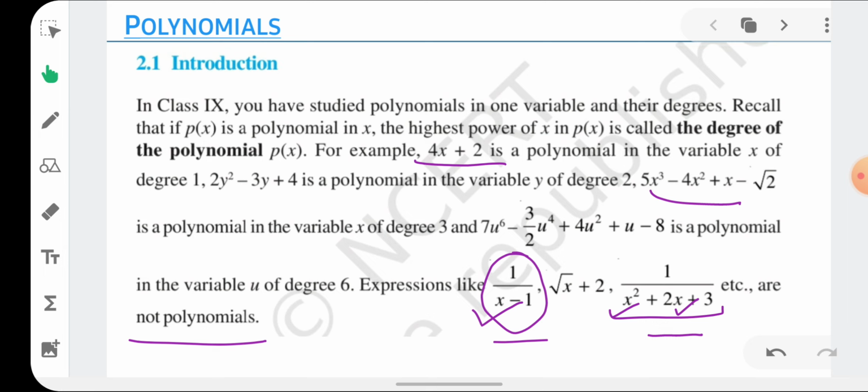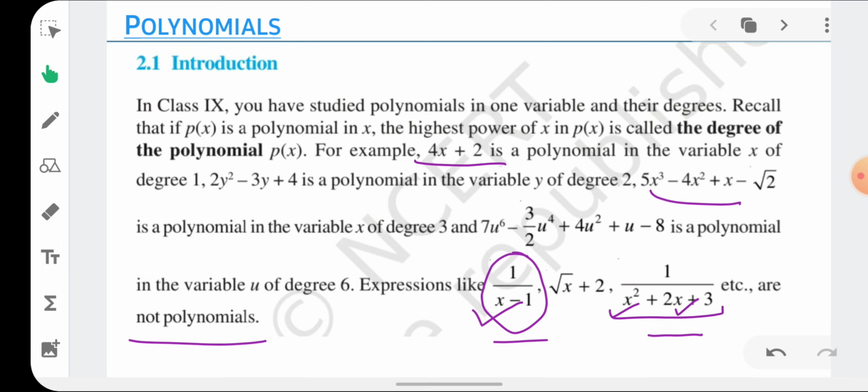If there are two terms, it is a binomial. If there are three terms, it is known as a trinomial. Monomial: 3xy square. Binomial: 5x minus 1. Trinomial: 3x plus 5 square minus 3.